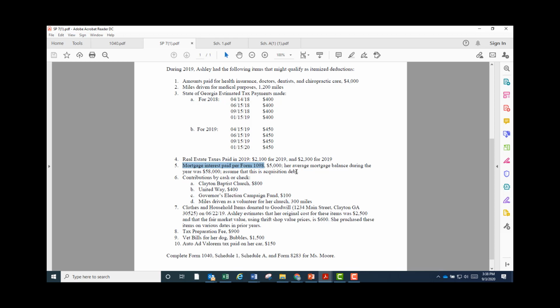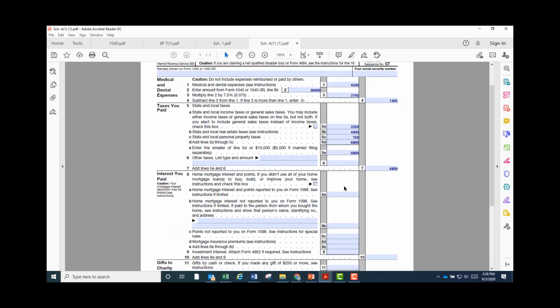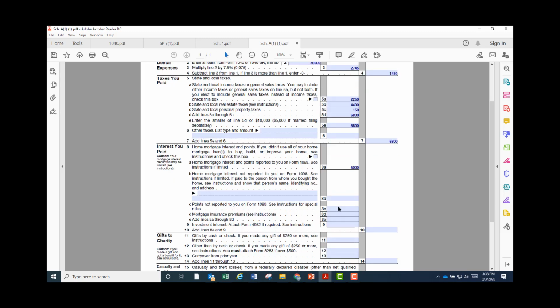So it's $5,000. Let's go back on the form, itemized deduction, and input $5,000 here. It carries down all the way to 8E, $5,000. And the total on line 10, $5,000. What about these other lines here? Not relevant to the sample problem, but it's relevant to the information in the textbook.